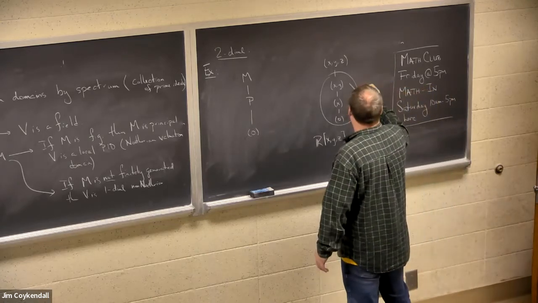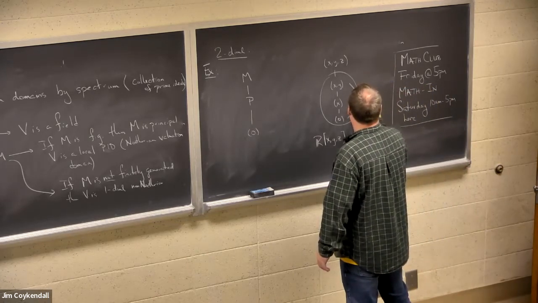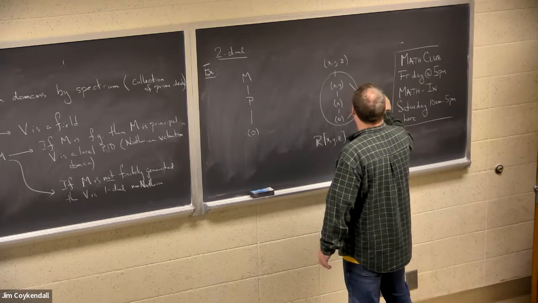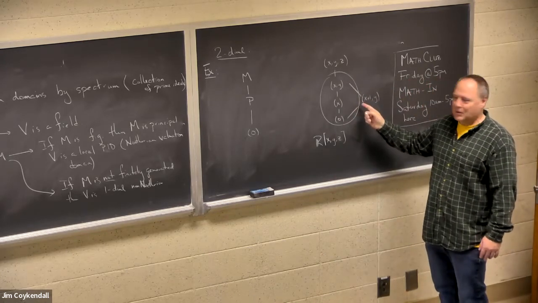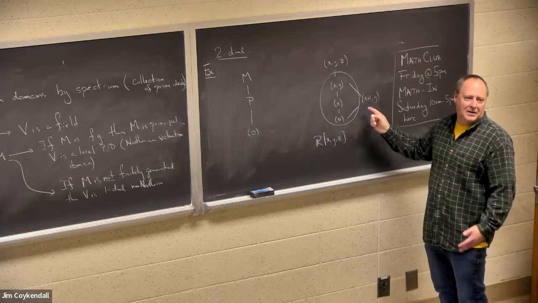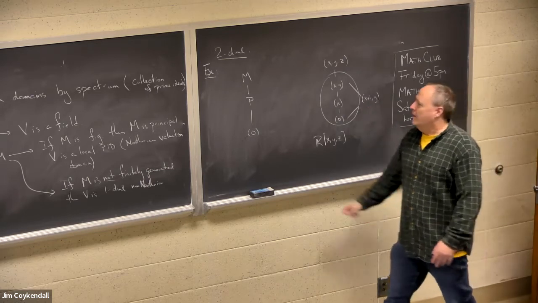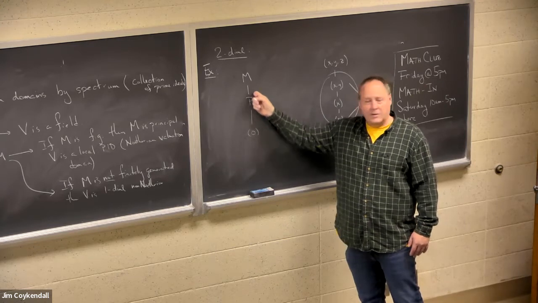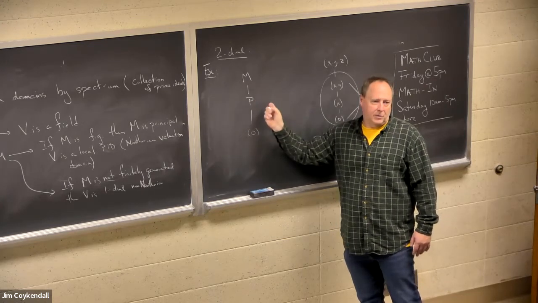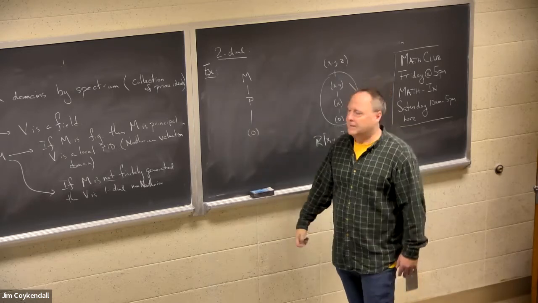You can start doing stuff like this, x plus 1, comma y, x plus 2, comma y, et cetera, et cetera. Can't do that here. This is a valuation domain, and the primes are linearly ordered, right? So there's no way that you can have multiple in between there because they have to be linearly ordered.